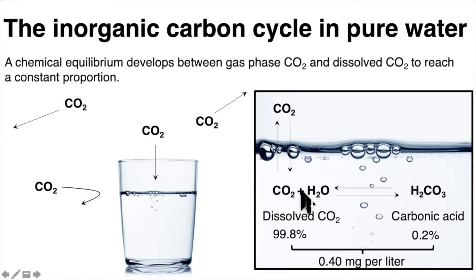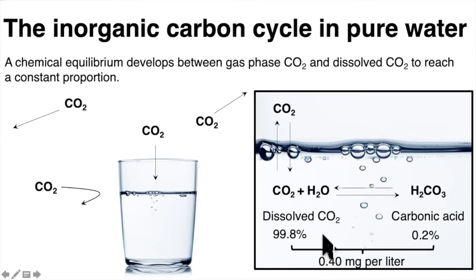Now, in pure water, there's this other reaction that can occur where the CO2 actually bonds with the water molecule, forming H2CO3, or carbonic acid. When you have pure water, this doesn't form very much, so only about 0.2% of carbon dioxide that dissolves in water will form carbonic acid. And if you add up these two pools, you'll have around 0.5 milligram of carbon per liter.